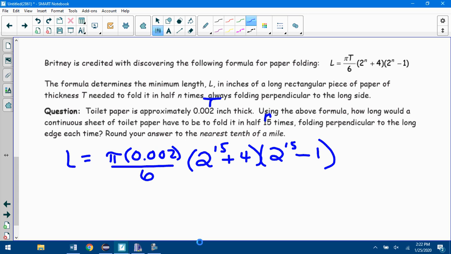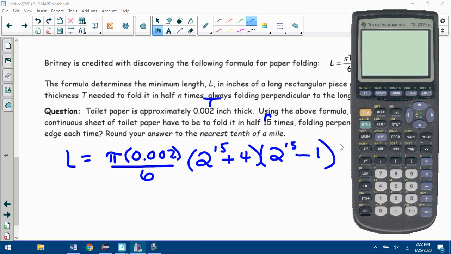Looks pretty crazy, but all we got to do is plug it into the calculator. And if you have alpha y equals, I'd suggest using that. Again, this old calculator doesn't really have that, so I'm just going to use some parentheses. I'm going to say parentheses pi times 0.002 divided by 6 times, in parentheses, 2 to the 15th plus 4, and then another parentheses, 2 to the 15th minus 1.